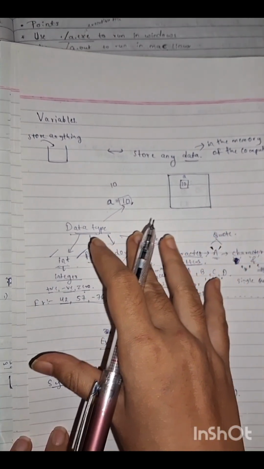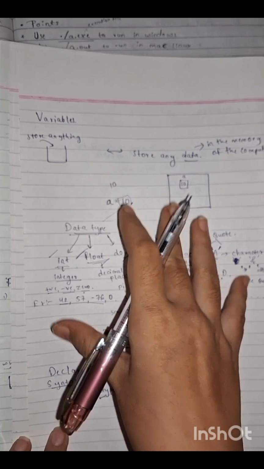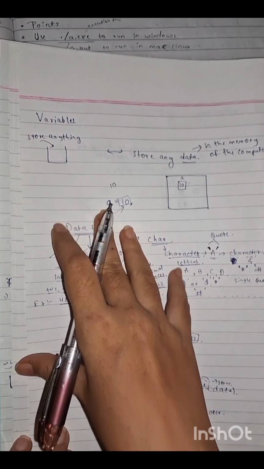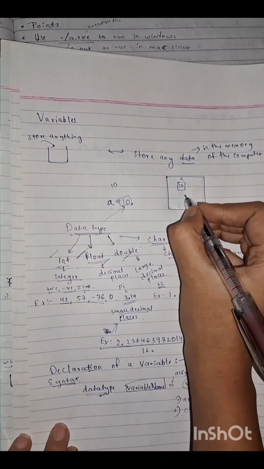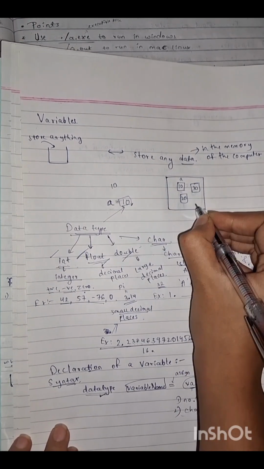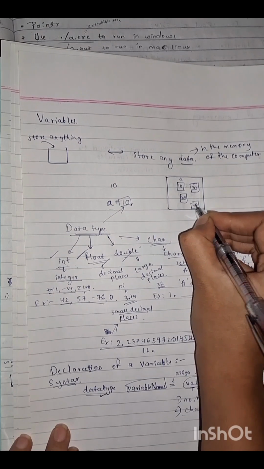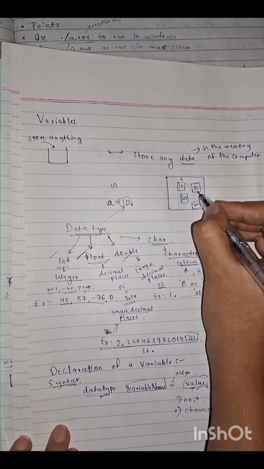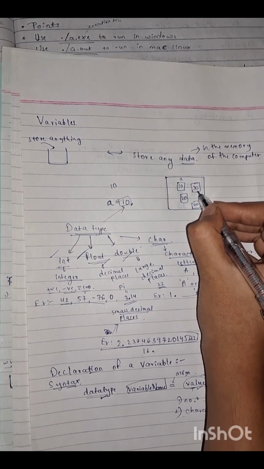So a variable also has a specific name. If you want to call that variable, we use that name. Like here, if there are more memory locations and I stored many numbers, if I just call like 30, it will not respond.